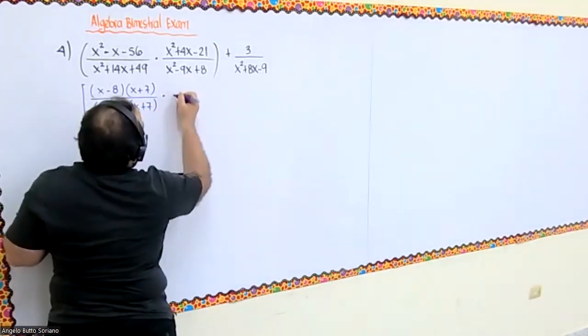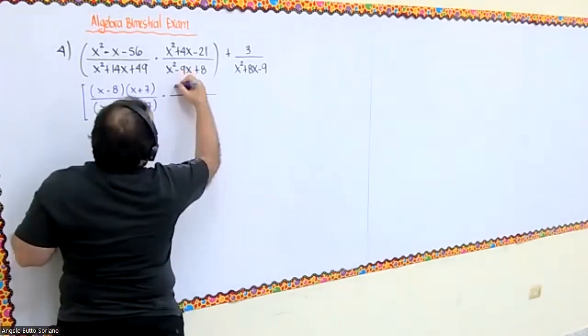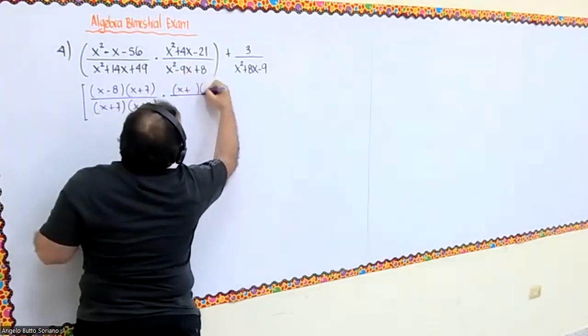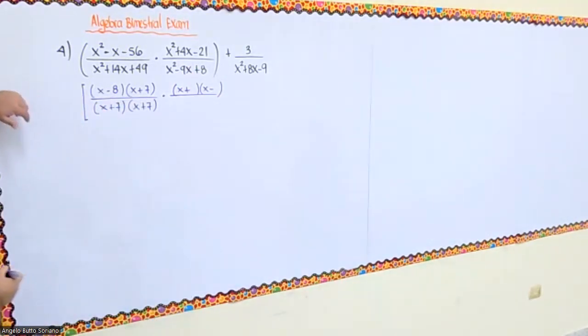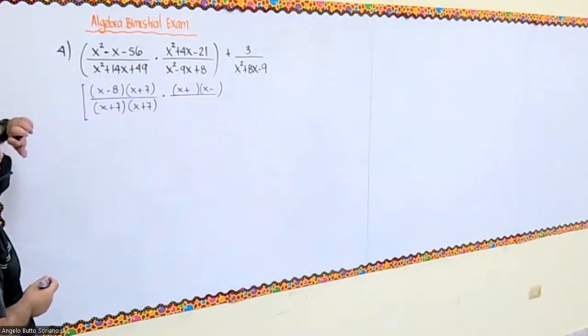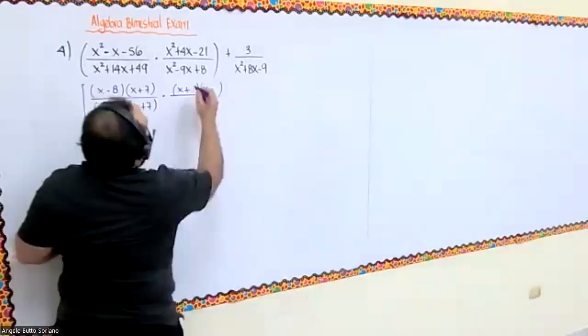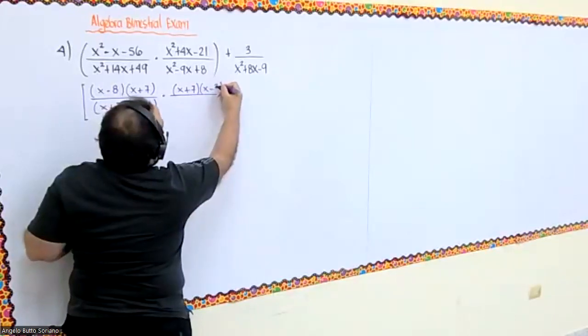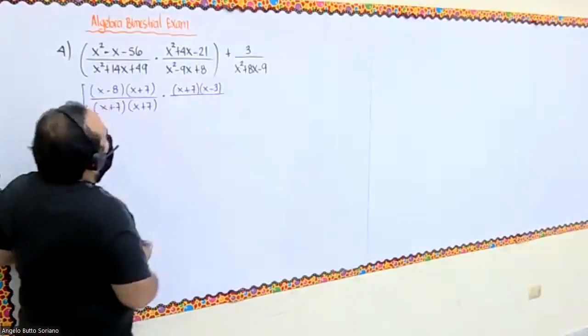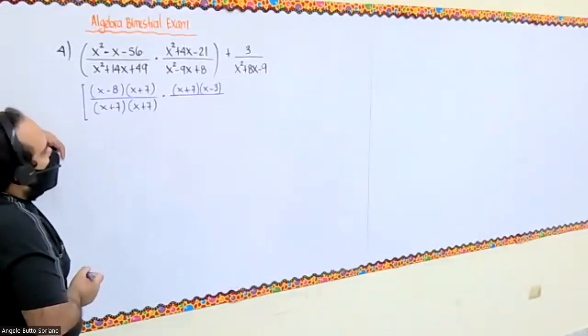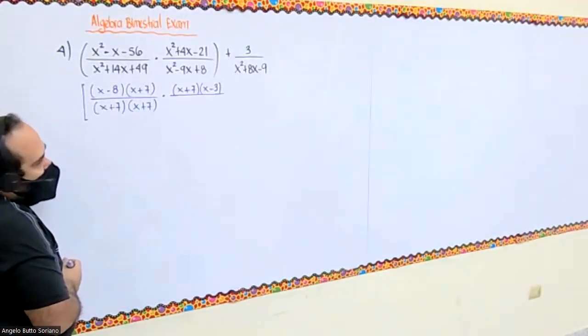Multiplying by, once again, x plus, x negative. A couple of numbers whose product gives us negative 21 and whose subtraction gives us 4 will be 7 and 3, right? 7 and 3. Because 7 times negative 3 is negative 21, and 7 minus 3 is positive 4.